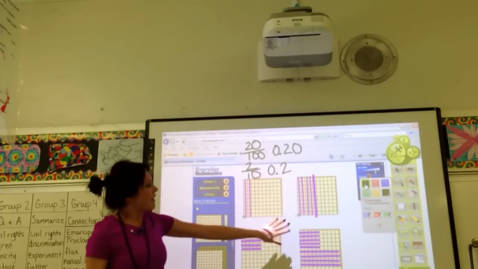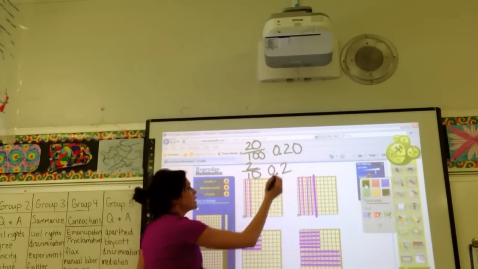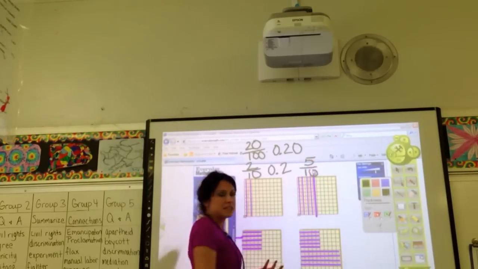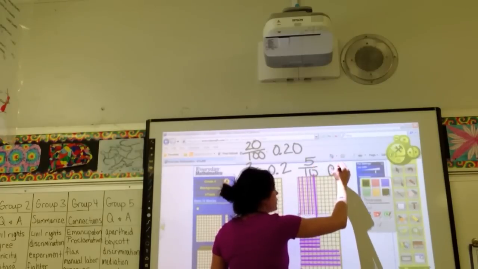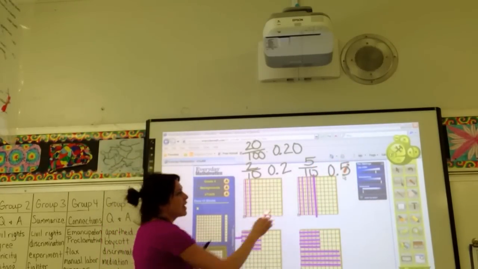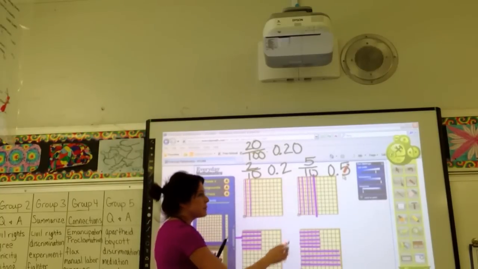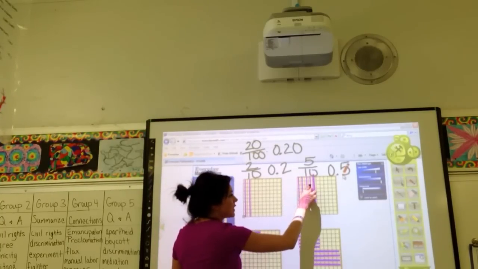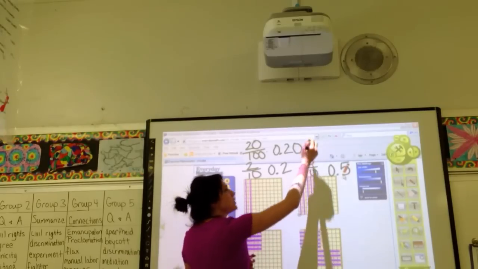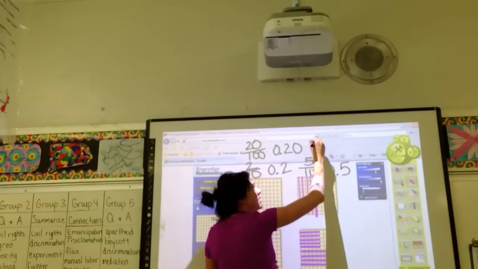Okay, so I have 5 out of 10 longs shaded in, so I know that that's 5/10. And to write 5/10 as a decimal, I would just write 0.5. This is also the same thing as saying 50 hundredths, because I have 50 little squares shaded in out of 100. So I could write it as 5/10, or I could write it as 50 hundredths.